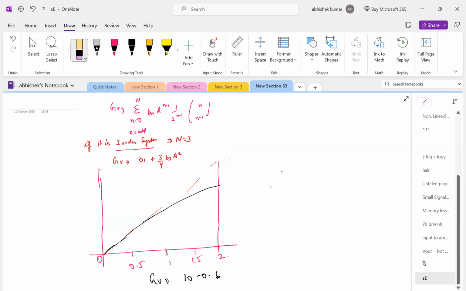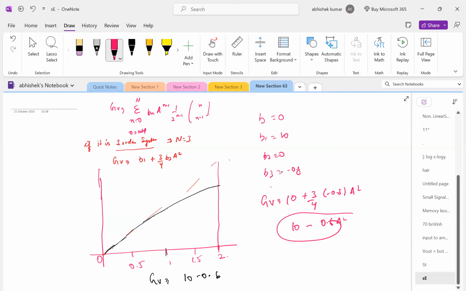Using the example coefficients we showed here, B0 equal to 0, B1 equal to 10, B2 equal to 0, and B3 equal to minus 0.8, our gain will become B1 plus 3 by 4 B3 A square, that is 10 minus 0.6 A square. And that we have plotted here. That is our gain.